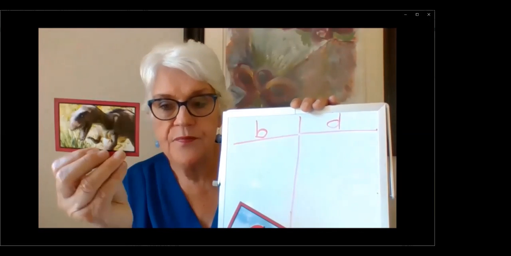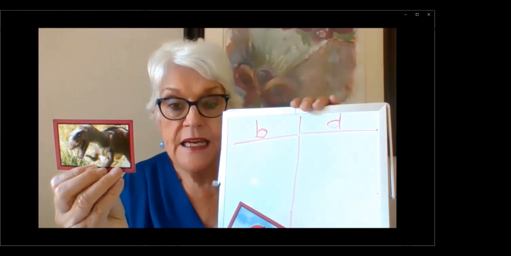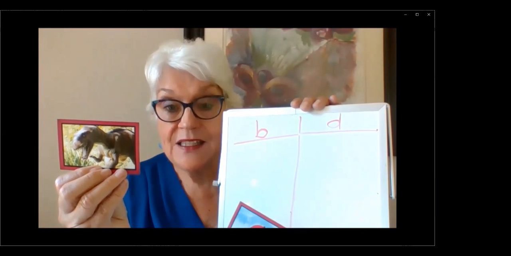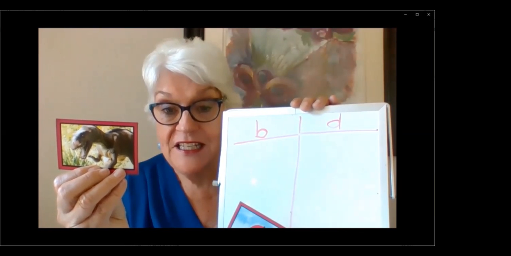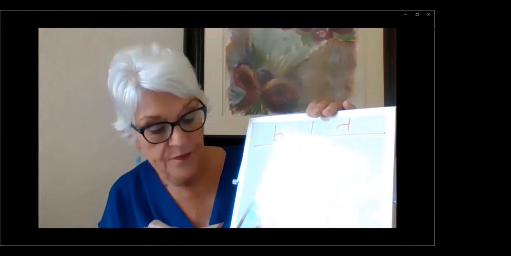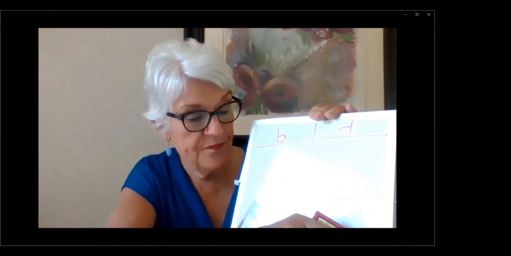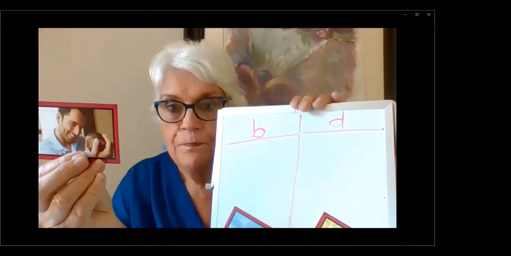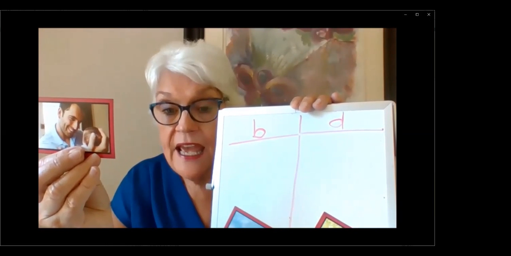What about this one? D, dinosaur. You say it. D, dinosaur. Is he a D or a B? He's a D, isn't he? Okay, what about this one? You say it. Dad.